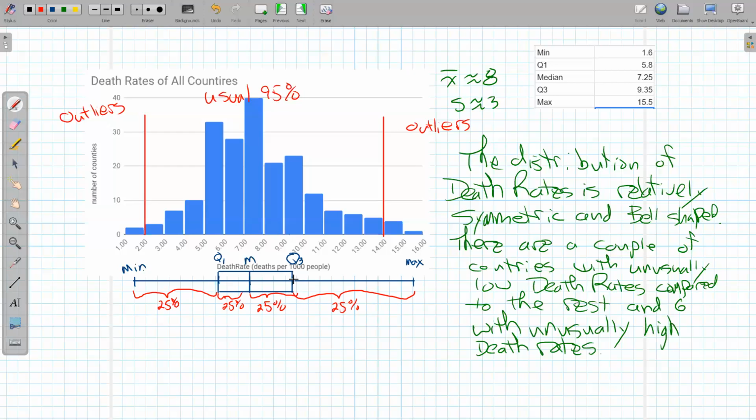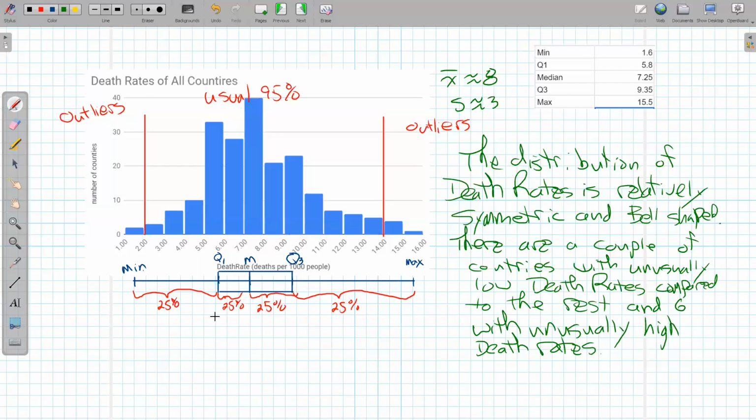So I can see the middle 25% of countries' death rates are packed pretty tightly from 6 to 9, roughly. And then there's the largest spread. The upper 25% are spread out between about 9 and 16. So again, it tells me additional information about the distribution of data, the spread of the data.